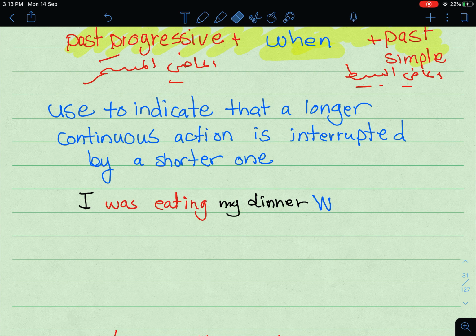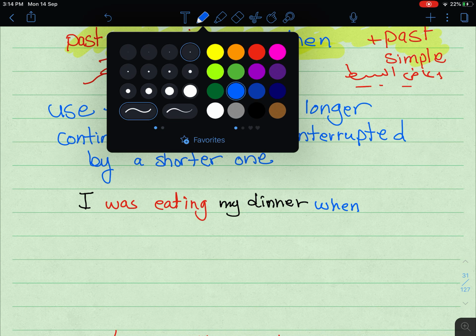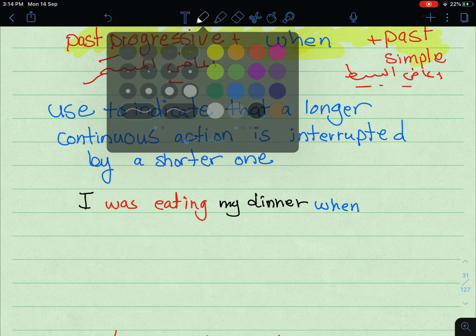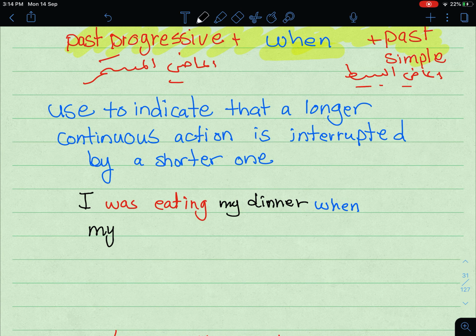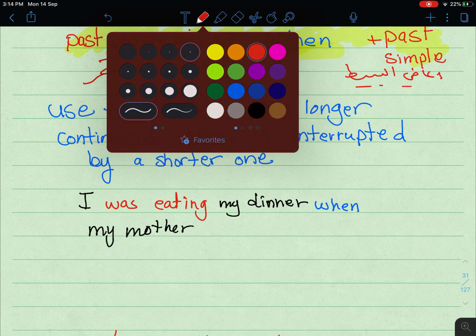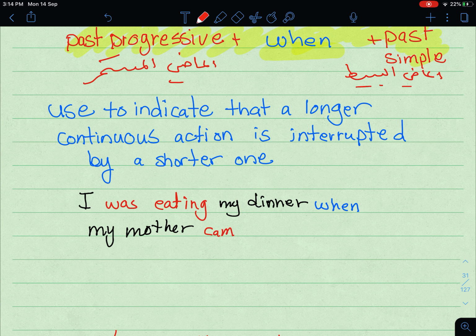Okay, sorry, it has to be in a small letter. لازم تكون small letter. When, okay, my mom came, or my mother came. Okay, and if I ask you how many actions do we have, كم حدث عندنا؟ We have two. Okay, was eating, which is in the past progressive, and then we have came in the past.